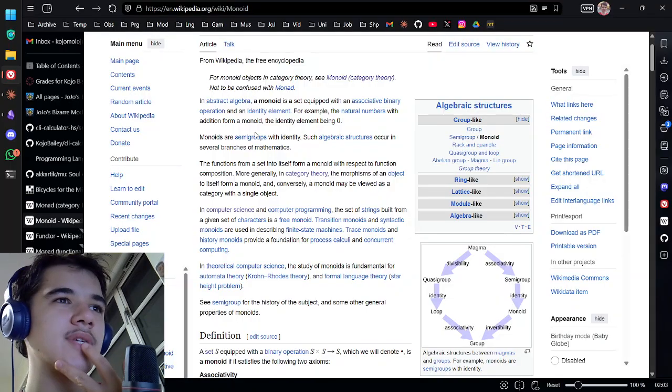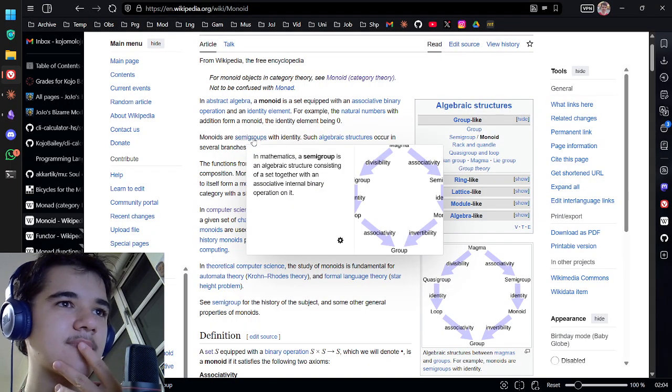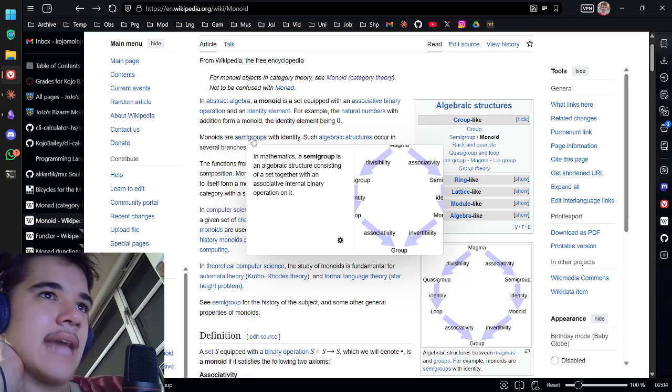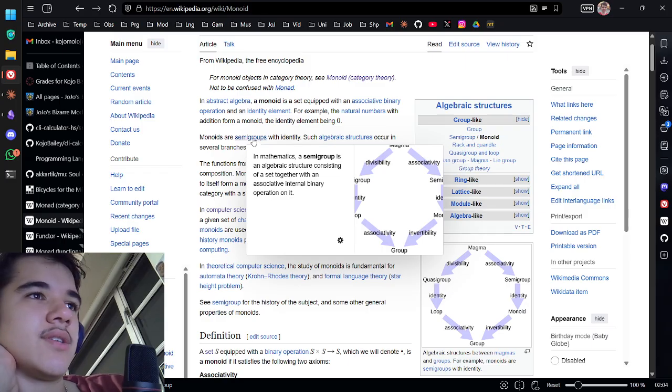What's a semigroup? It's interesting that this comes from set, so clearly it relates somewhat to set theory, and I find it interesting that that's the foundation for a monoid in category theory because clearly sets and categories are related, conceptually to an extent.